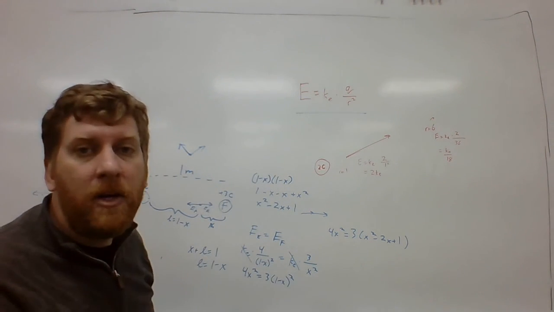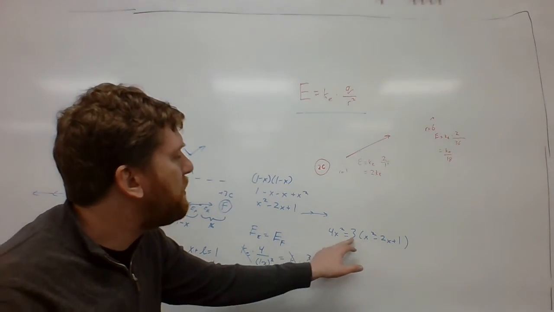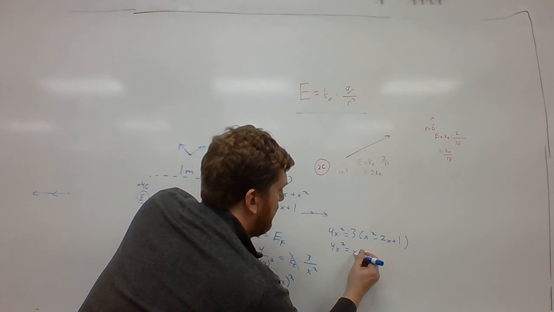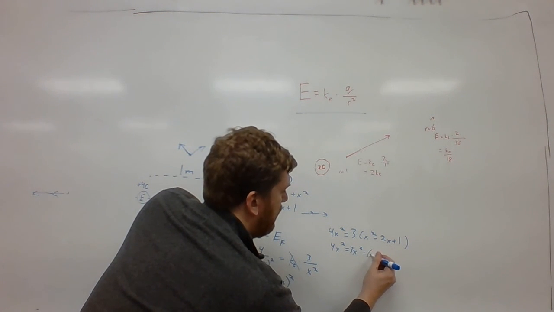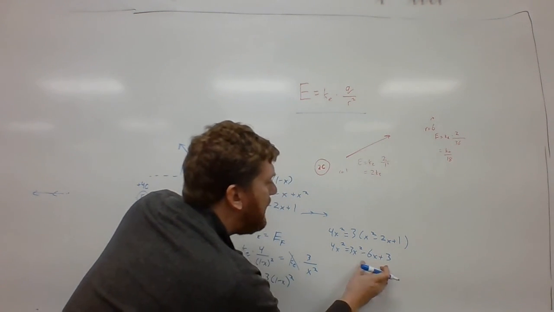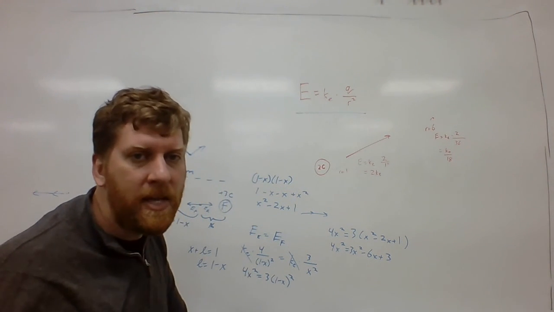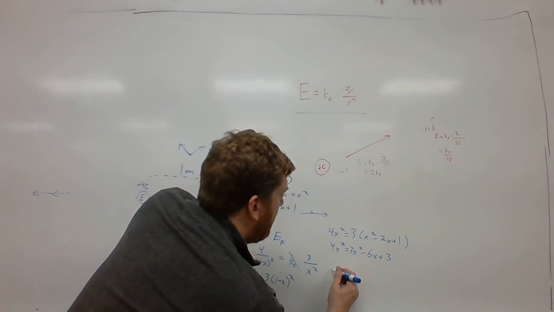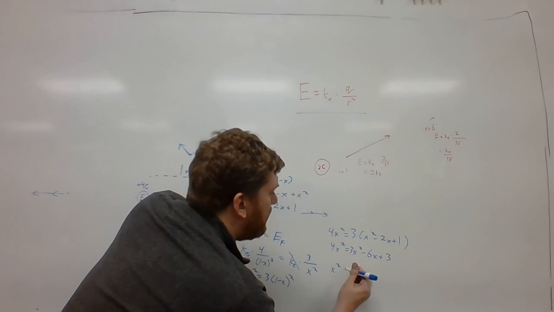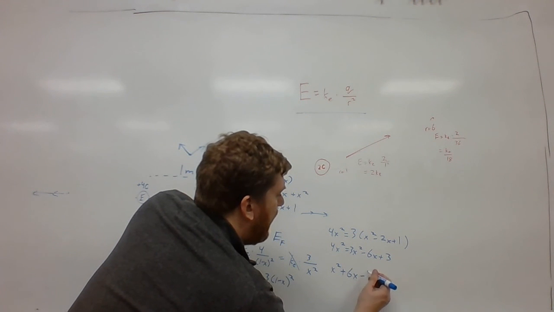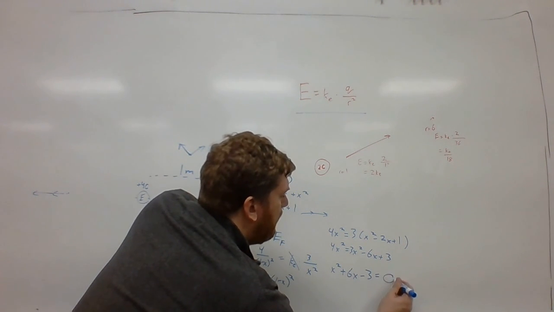I want to bring everything over to the same side. Let me first multiply this 3 out on that side. And now let me subtract each of these terms individually, so everything's on the left. That's x squared, because 4 minus 3 is 1, plus 6x minus 3 equals 0.